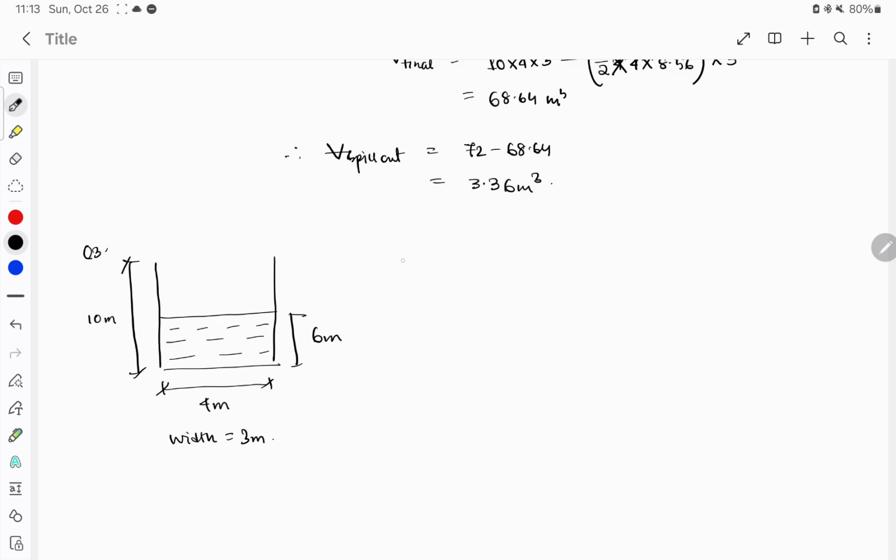And same question, if ax means this x direction, this is z direction, if ax is equal to 29 meter per second square, then find the volume spill out.